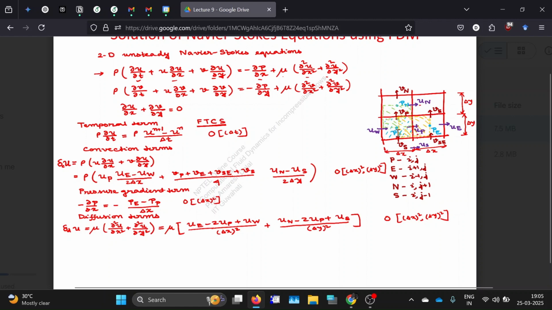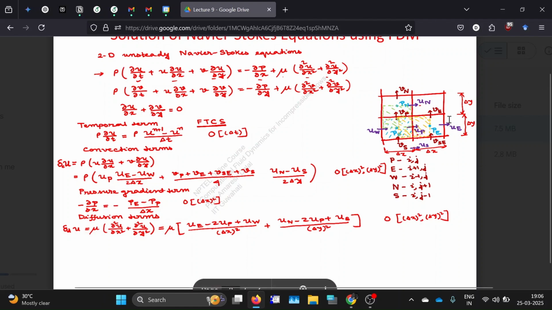The other option for a collocated grid would have been to take PW and PE. No, after pressure gradient, we have this pressure gradient term. It was written that the order of accuracy is delta x square, but it is not central differencing.